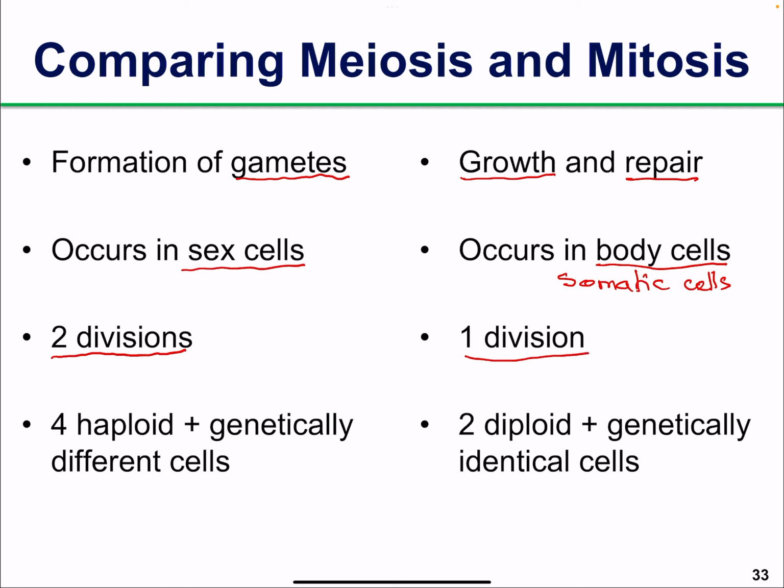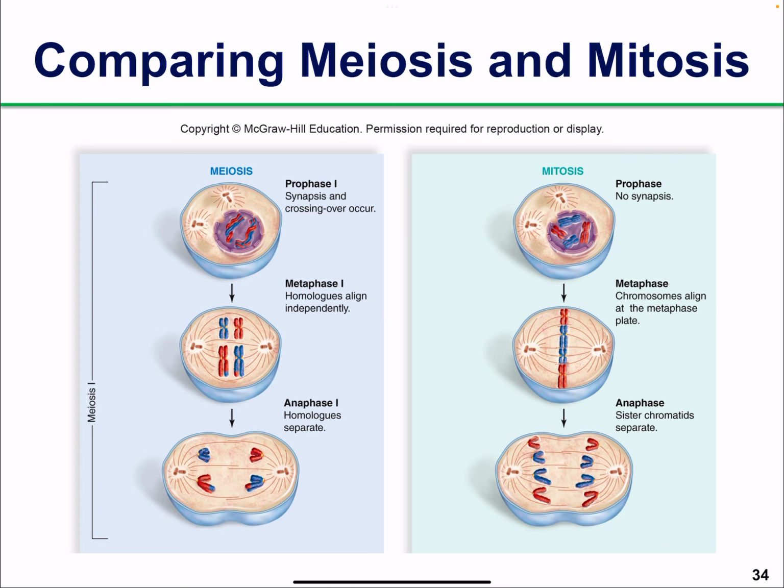From meiosis, we produce 4 haploid cells that are all genetically different, while from mitosis, we produce 2 diploid cells that are all genetically identical.